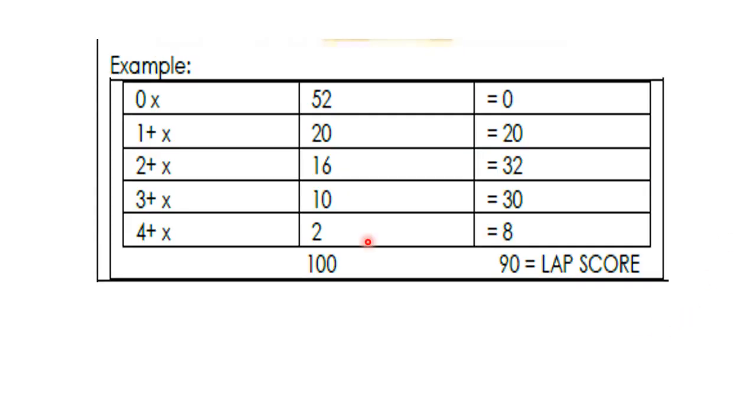So, halimbawa, itong case na to, no? Nakapagbilang si medtech ng 100 WBC, and bawat WBC ginrade niya according to the intensity of the granular color. Okay? And then, imumultiply niya yan. Halimbawa, 0 times 52. So, may 52 WBCs na may 0 grade. Okay, so 0 yan. 1 times 20, 20.